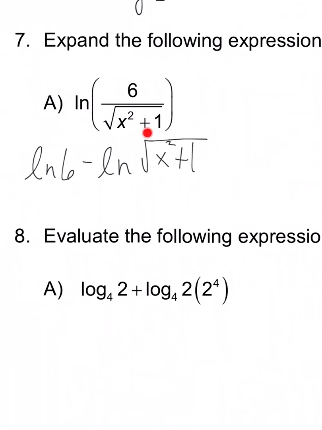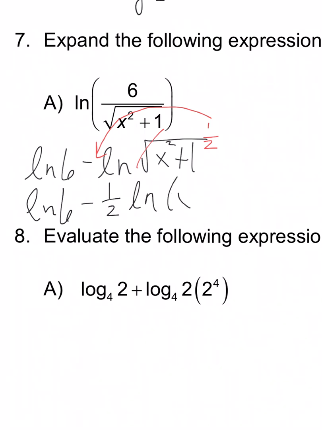Now we need to take care of this root in expanded form. Keep in mind that roots are fractional exponents, so there's a fractional exponent of a half. I'm going to make my life a little easier, cross that off and rewrite it as an exponent of a half. That's going to come in front of the logarithm. So now we have natural log 6 minus 1/2 natural log, and now I'm just going to put this in parentheses, x squared plus 1.